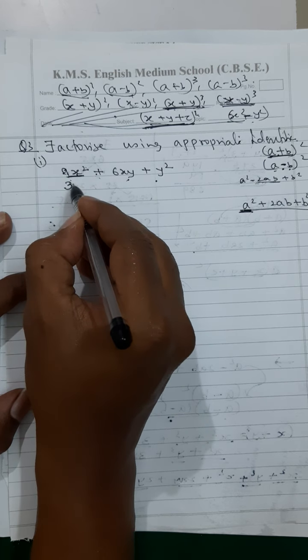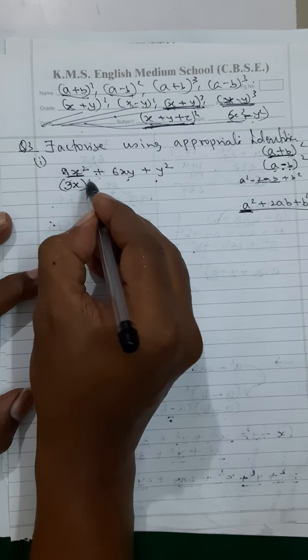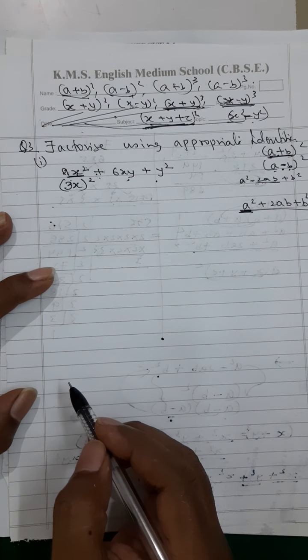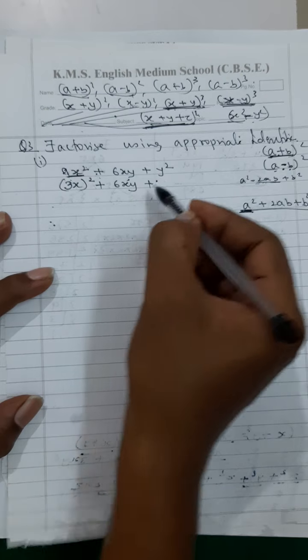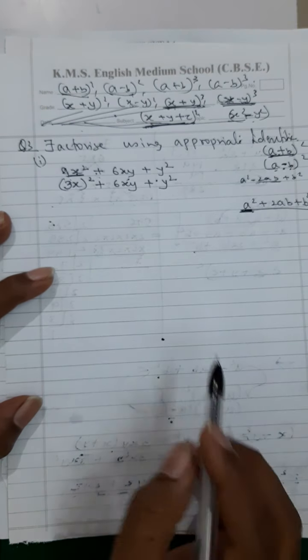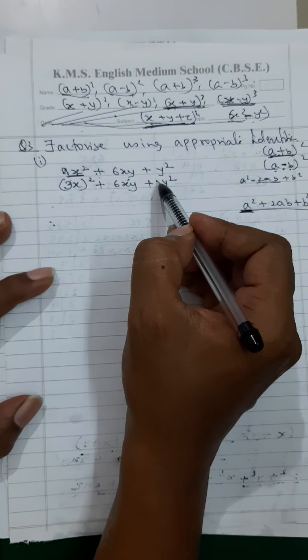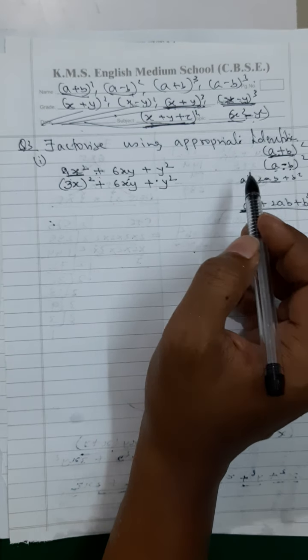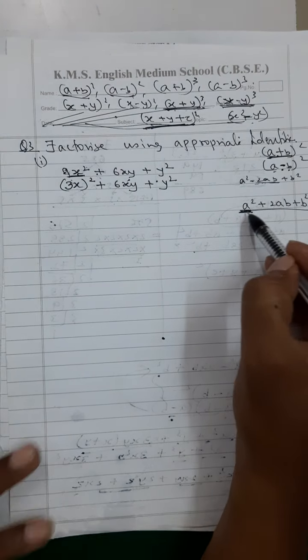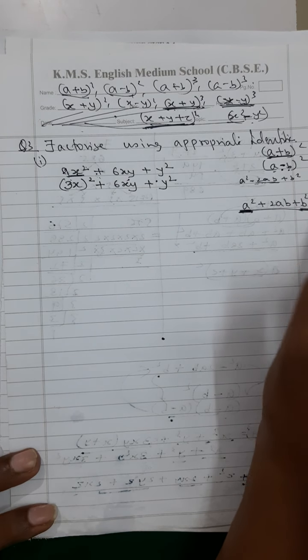The square root of this is 3x the whole square. Okay, I can bring it again over here, and this is already in the form of a square. If this also would have had a number over here, like 25y square, I would have written 5y the whole square, but this is already under a square. So I have achieved the first term and the last term.